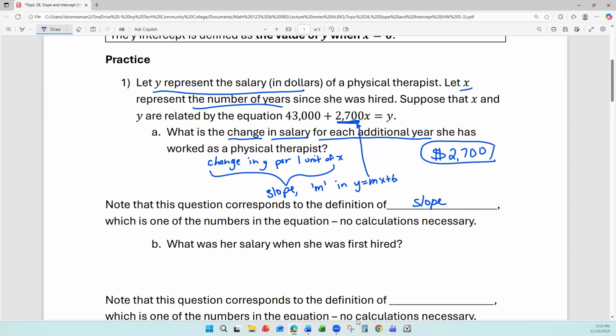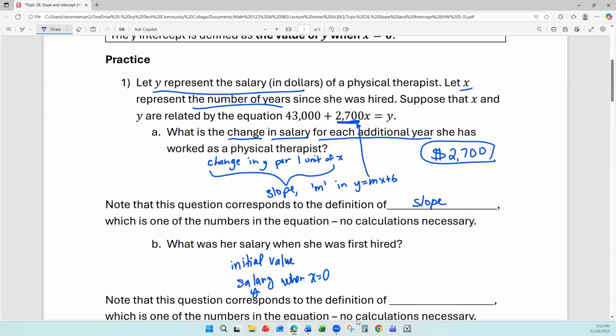Then what was her salary when she was first hired? That's looking for the initial value. It is the salary when she was first hired. Salary is y. When she was first hired would mean x would be 0 because x is how many years since she was hired.